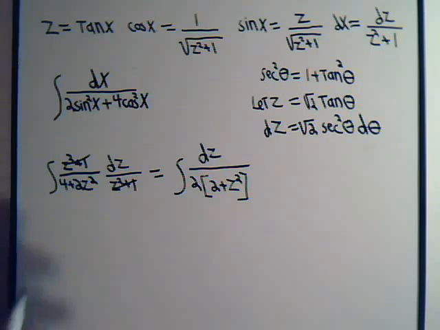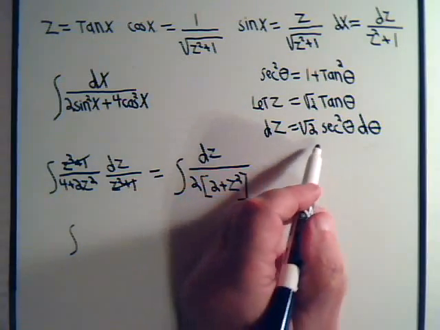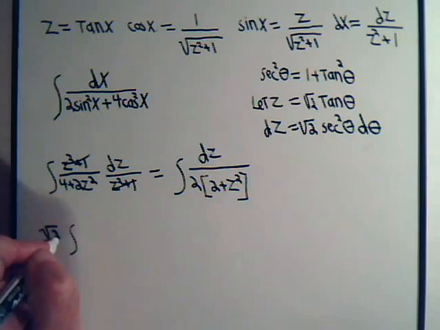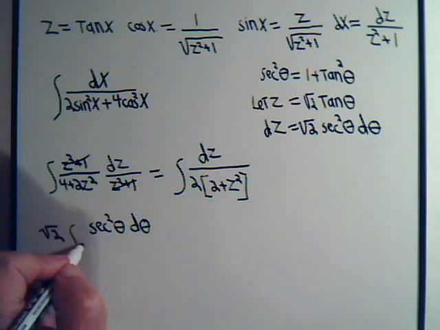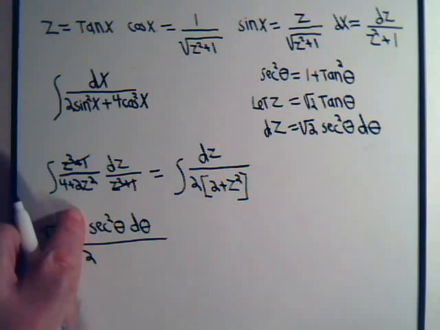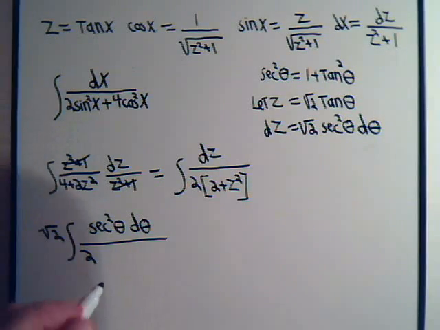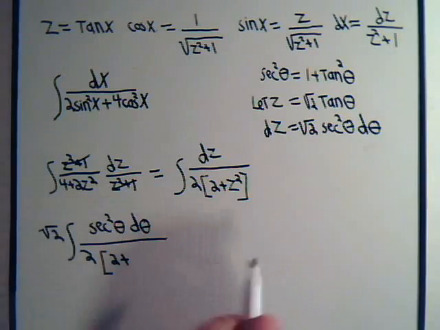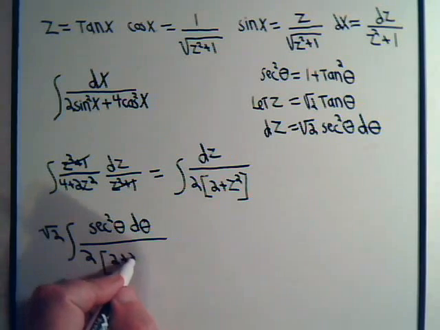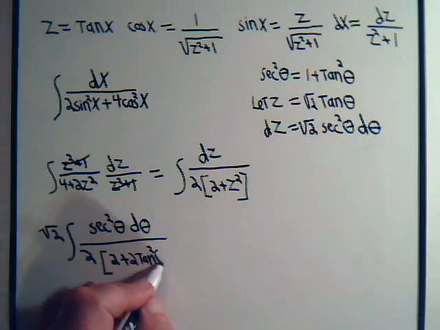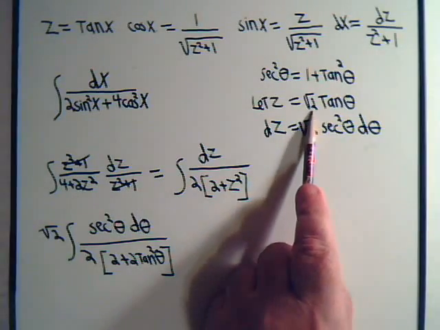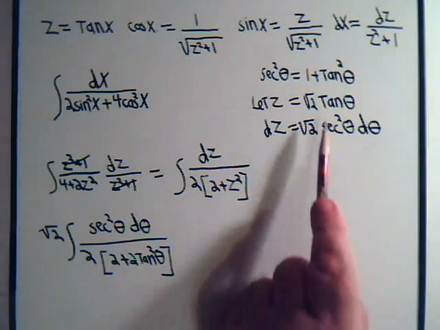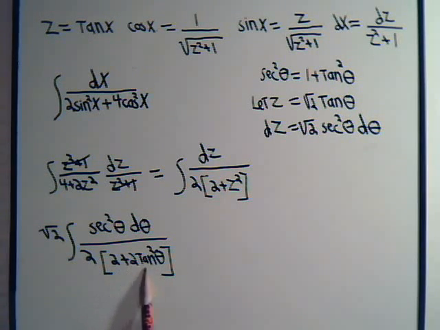And we'll rewrite it. dz, that's the square root of 2 times the secant squared of theta d theta, divided by 2 times 2 plus z squared, 2 tangent squared theta, and of course you see why we chose this coefficient here to be the square root of this number, so that when we do our substitution here, this number appears across the expression and we can factor it out.